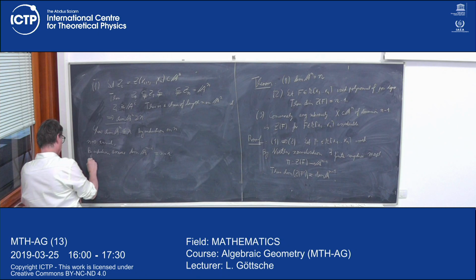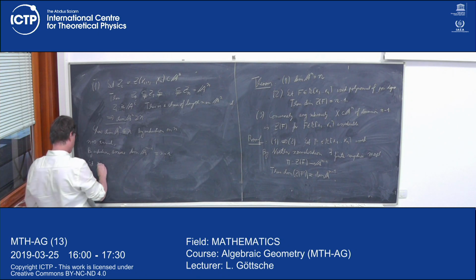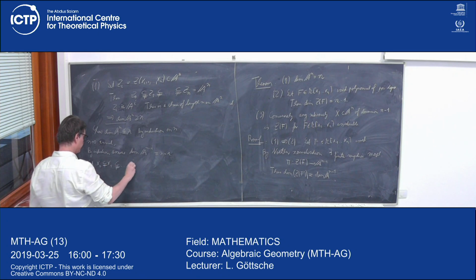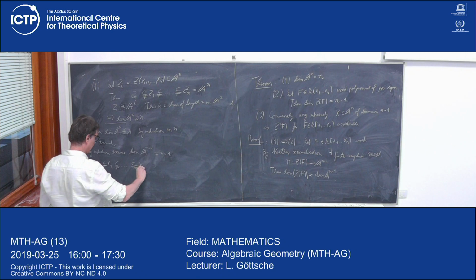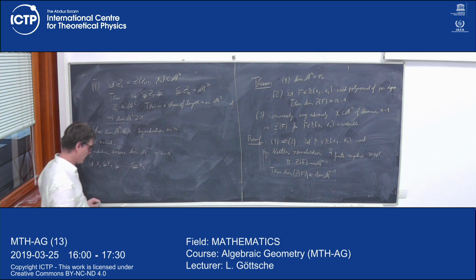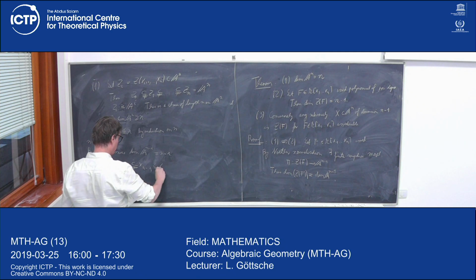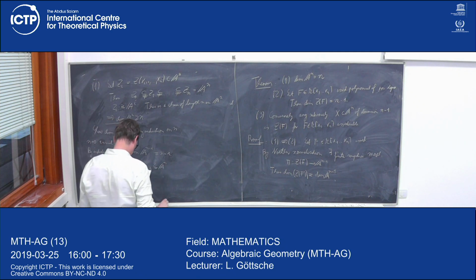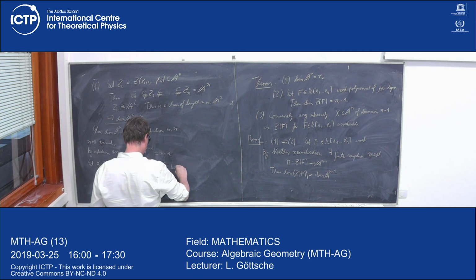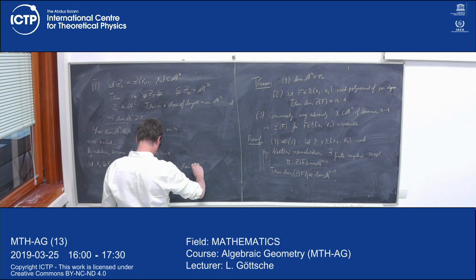And now let's take a chain in A^n: X0 strictly contained in X1, up to some Xk. I call it Xk minus 1 for some reason, in A^n.